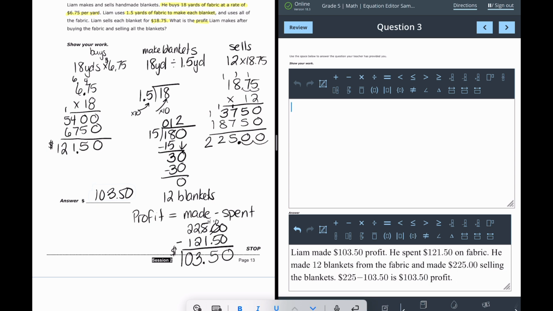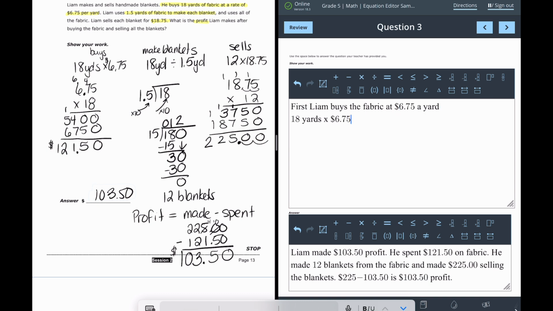So first, Liam buys the fabric. So I did 18 yards times 6.75. So he bought it at 6.75 a yard.